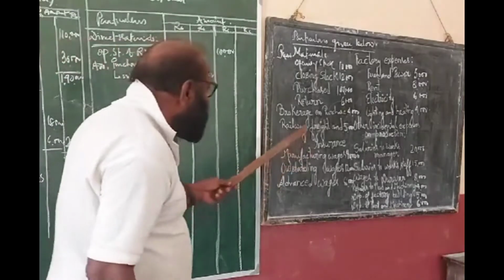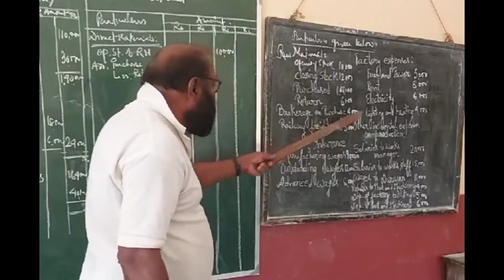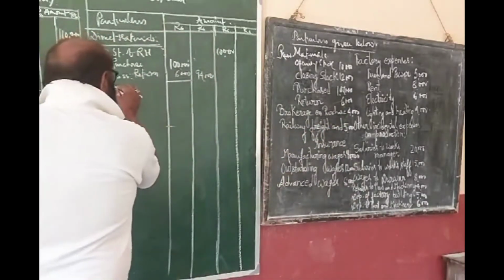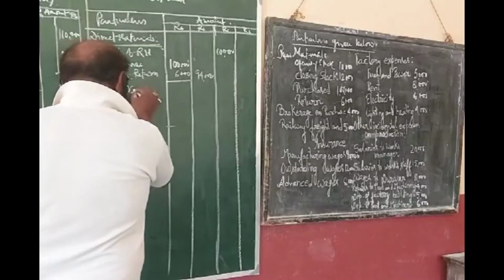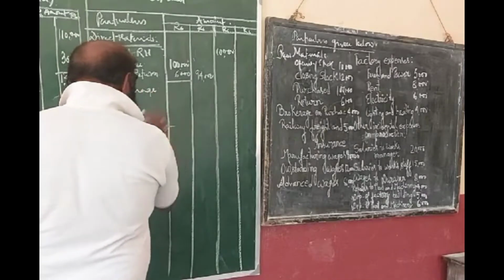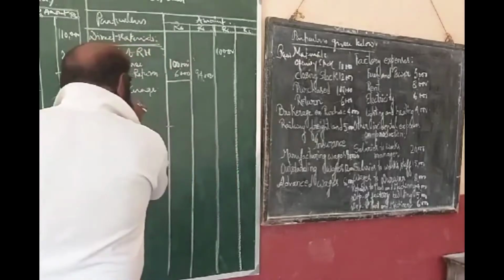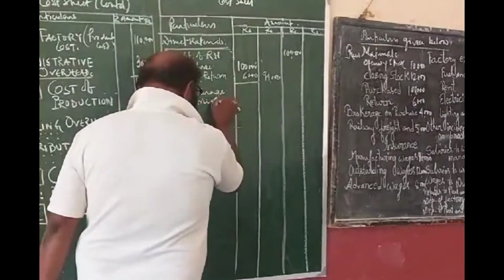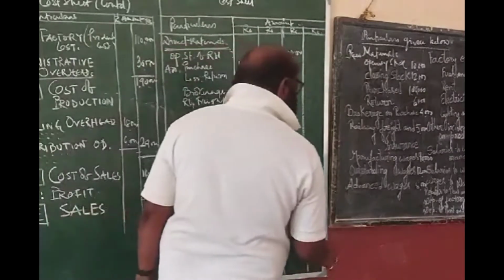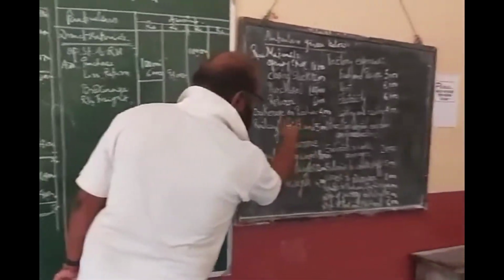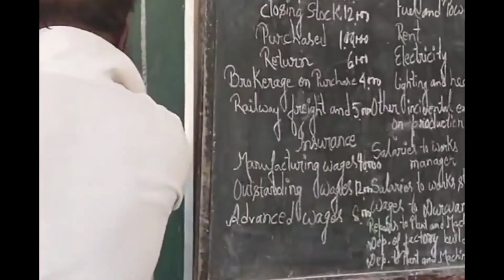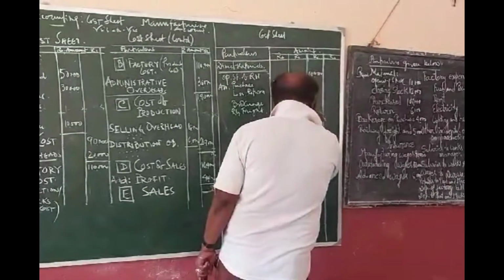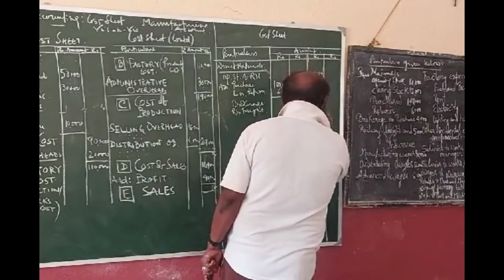Clear? Now I have made some expenses regarding purchase: brokerage on purchase and railway freight. So it should be added. Brokerage and railway freight, what is the amount? 4,000 and 5,000.